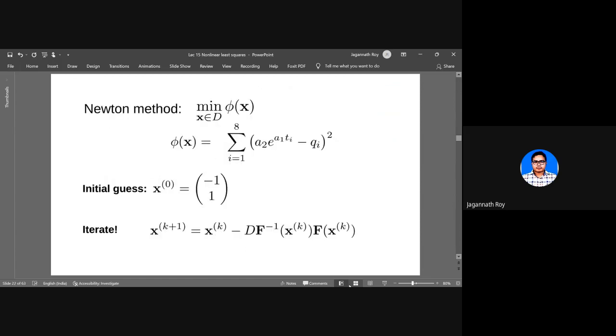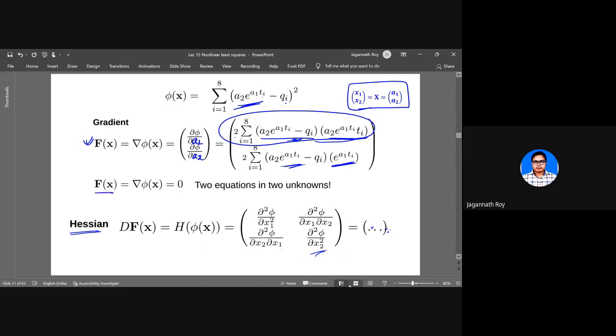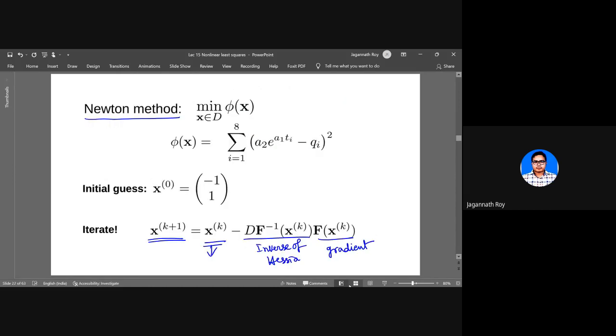Now if you apply Newton's method, Newton's method says we have the Hessian matrix, the inverse of the Hessian, into the gradient, and this is the initial point or the previous point. So here it is f of x, this is the gradient.